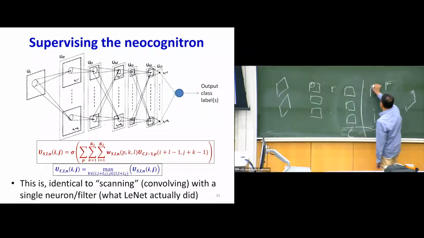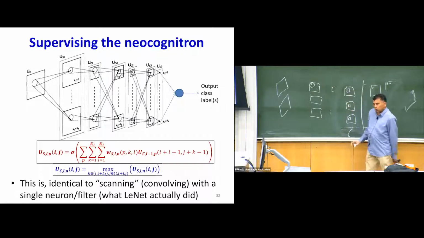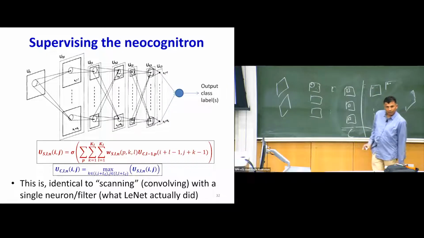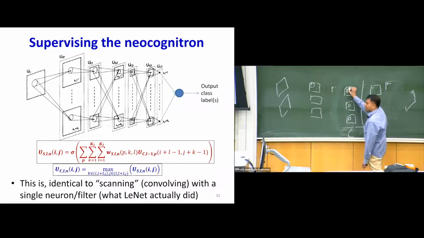And then if you look at any single S cell in the Lth block, this one is going to be looking at a corresponding region from all of these planes, right? So corresponding to each pixel over here, each element over here, there is going to be one weight. So the S cell will have as many sets of weights as you have planes, C cell planes. And within each plane, the weights are going to be arranged in a two-dimensional grid. That is this entire grid, right?